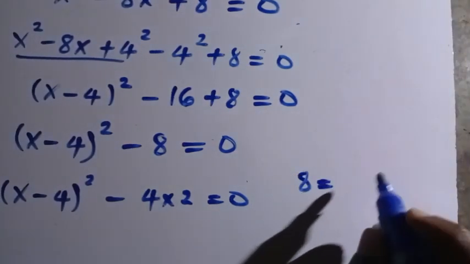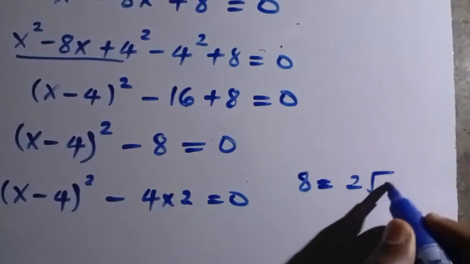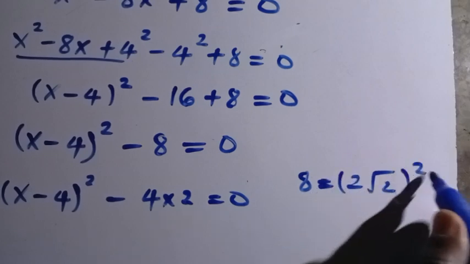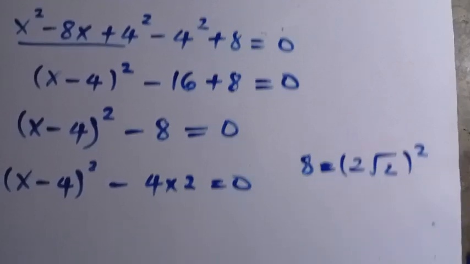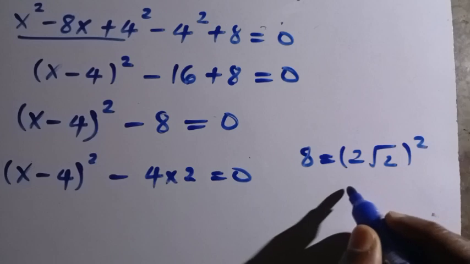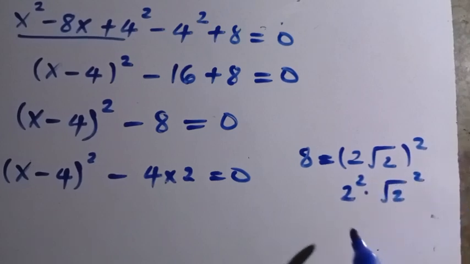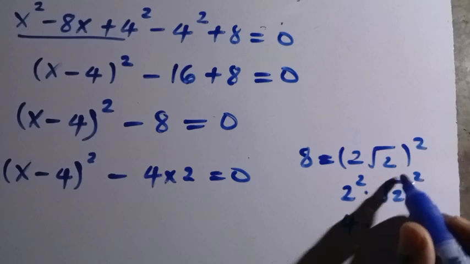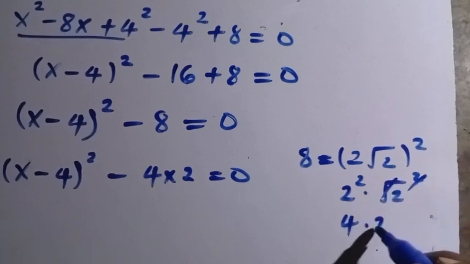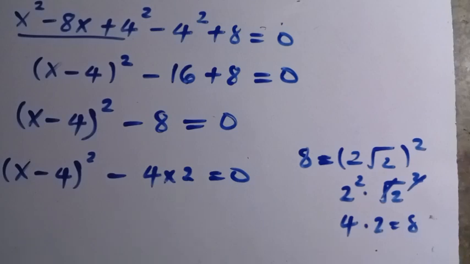So 8 here is the same thing as 2 root 2 squared. If you take 2 squared, that is 4, multiplied by root 2 squared, which is 2. So 4 times 2 gives us 8. That is 2 root 2 squared equals 8.